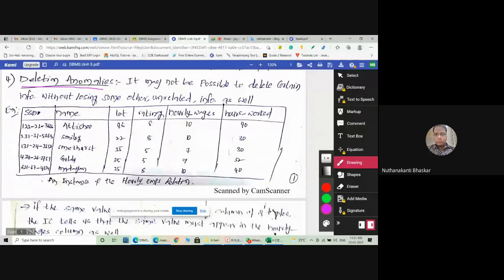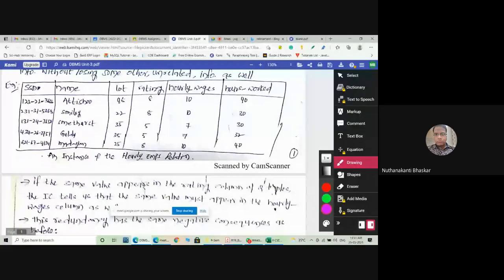The columns are SSN, which is a serial number, name, location, rating, hourly wages, and hours worked. All of you please note it down. This example is very important.